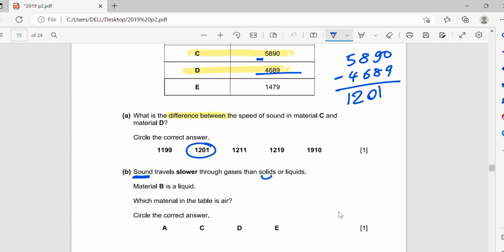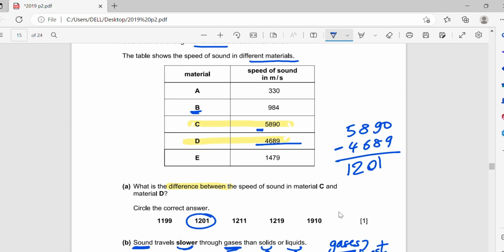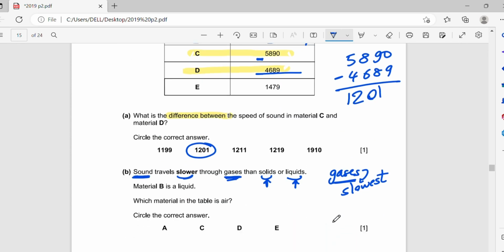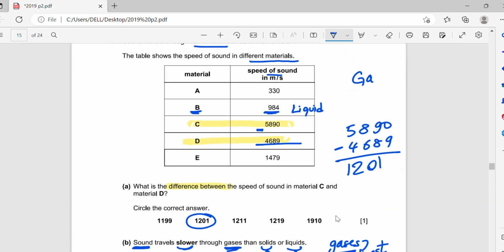Sound travels fastest في solids, followed by the liquids, where the slowest one is the gases. طب material B is a liquid. نبص كده material B الفاليو بتاعه 984. دي speed of sound in meter per second وهو liquid. طيب الquestion عندي ايه؟ Which material is air? أو in other words, which material is a gas?